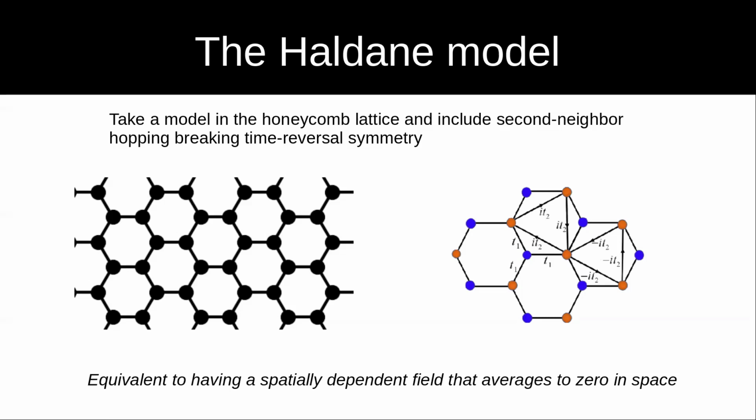So when you do the Fourier transform of this Hamiltonian, when you write down the Bloch Hamiltonian, what you actually get is that the imaginary second neighbor hoppings appear in the diagonal of your Hamiltonian as a mass. And this mass changes sign between one valley and the other valley. And this changing sign between valleys gives rise to a finite Chern number in the electronic structure, and you end up with a model that has no net magnetic field, but it has a finite Chern number.